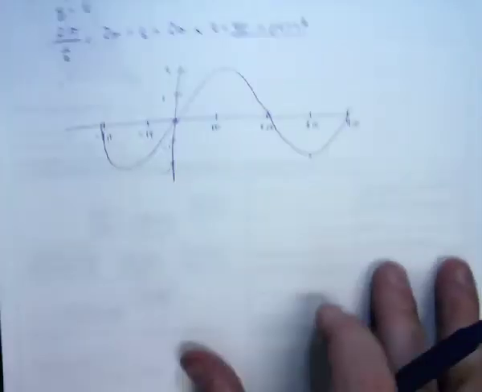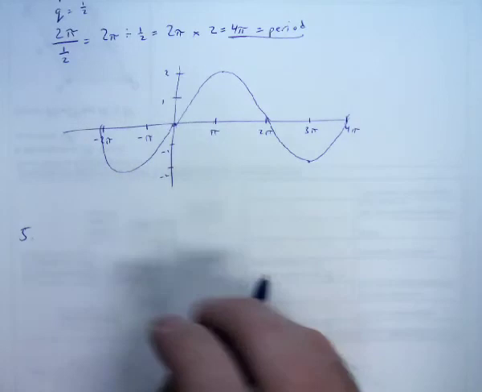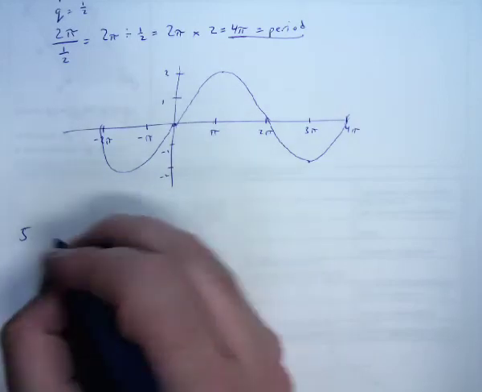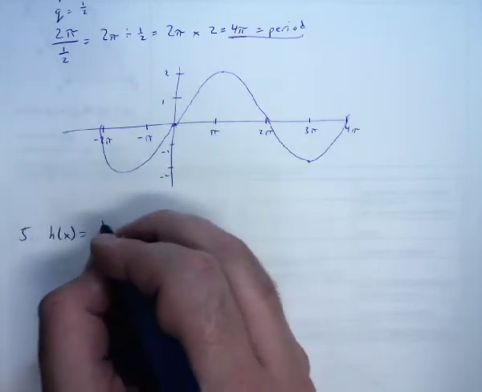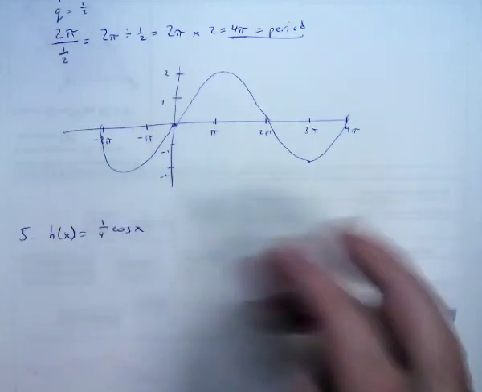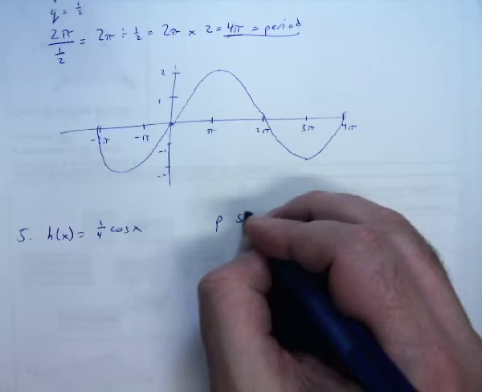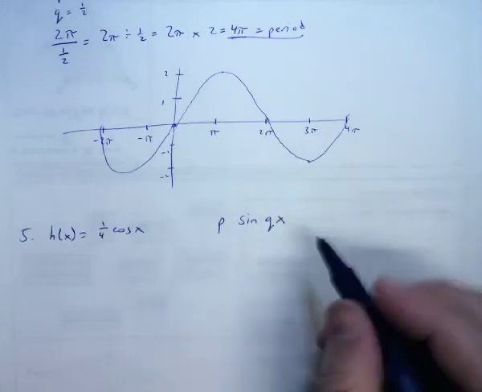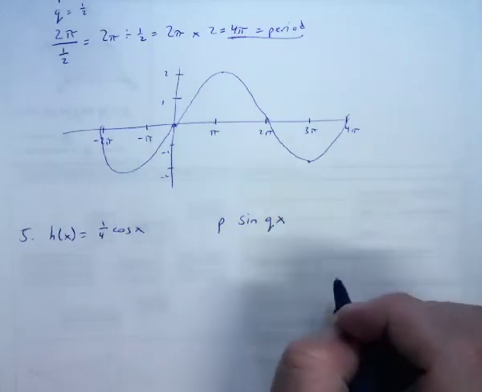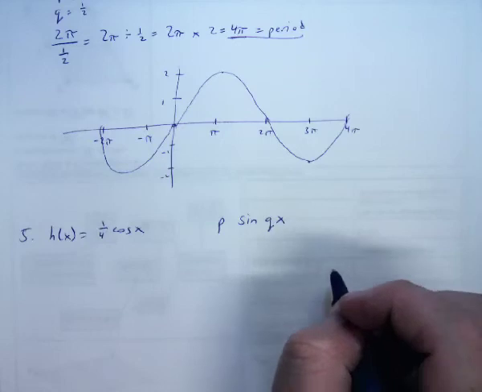So for number 5, we have h of x equals 1/4 cosine of x. Good, I like this. So we have to ask ourselves once again, p sine of qx. I left out c and r because they don't ask for anything. They just ask for amplitude and period.